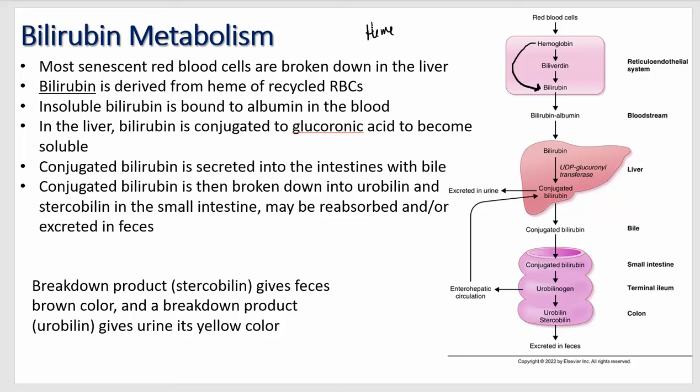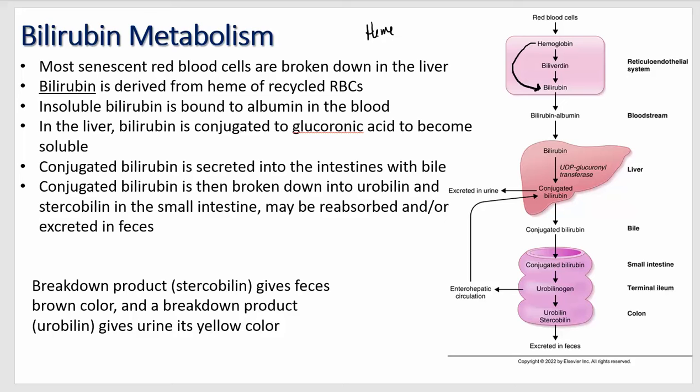If that happens in the bloodstream, like in the spleen, then the bilirubin has to be carried, because it's not soluble. It will stick to albumin, and that's how bilirubin is carried around the body, on albumin.